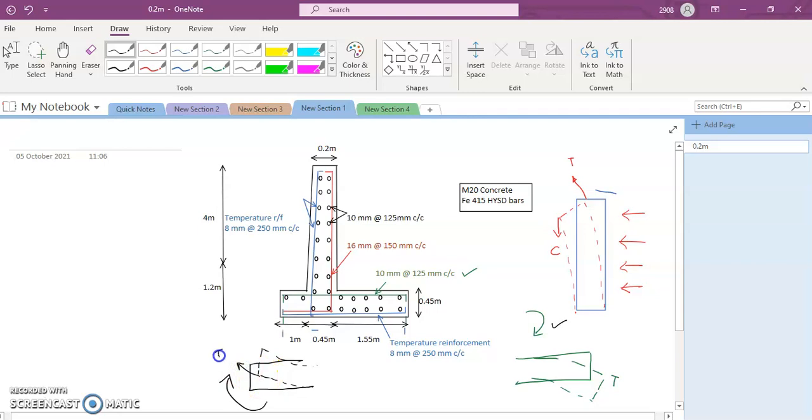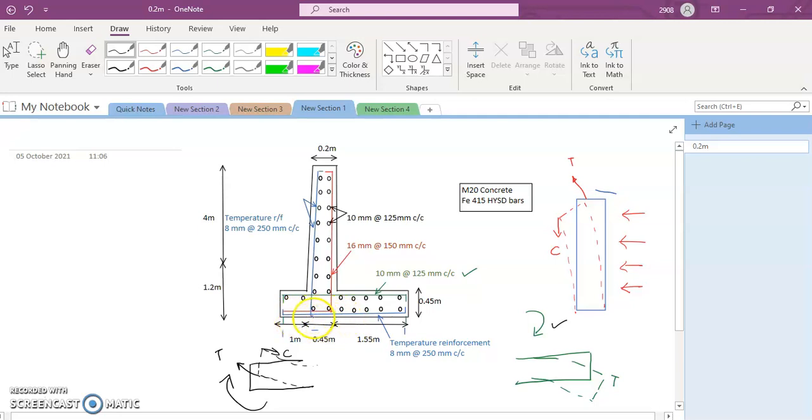So this face, the bottom face, is experiencing tension, whereas this face, the upper face, is experiencing compression. So this reinforcement of 10 at 125 mm center to center is to be provided at the bottom. Actually this is required only for the bottom of the toe slab.